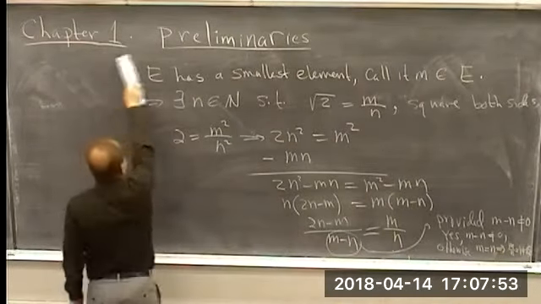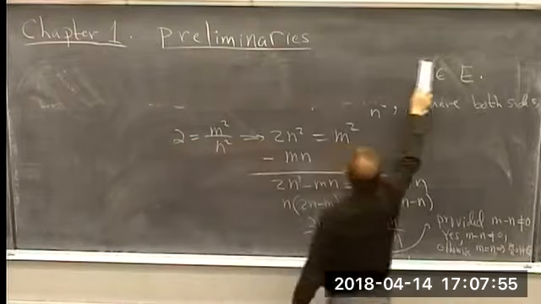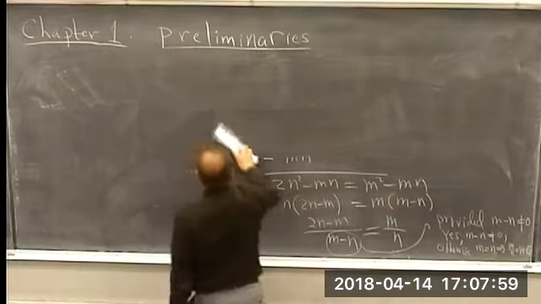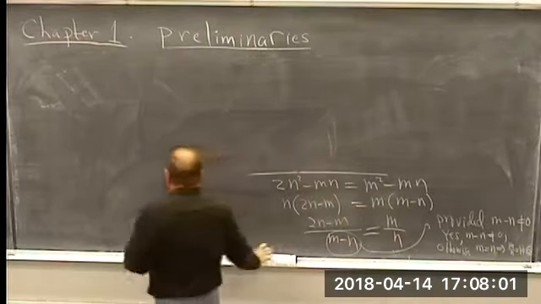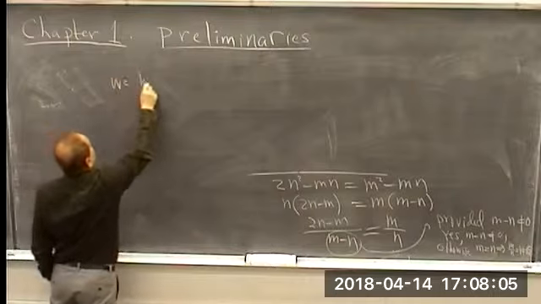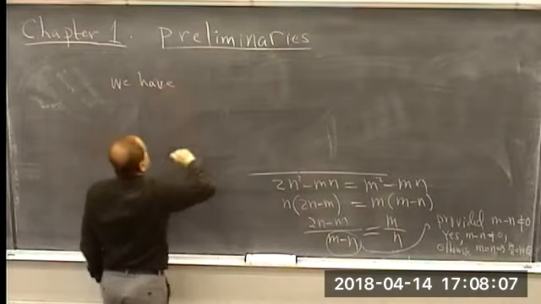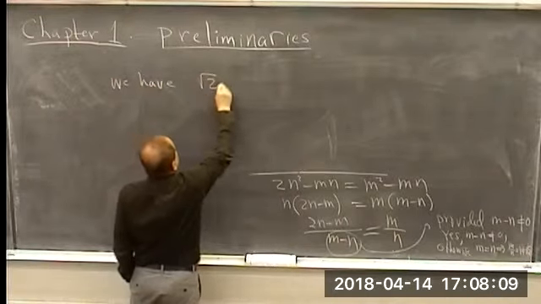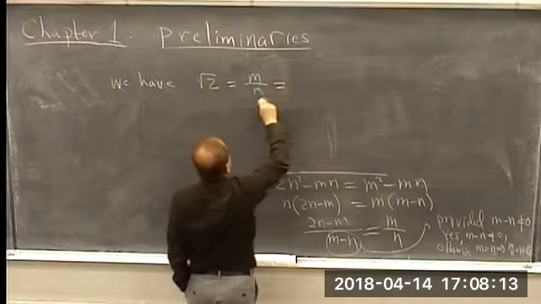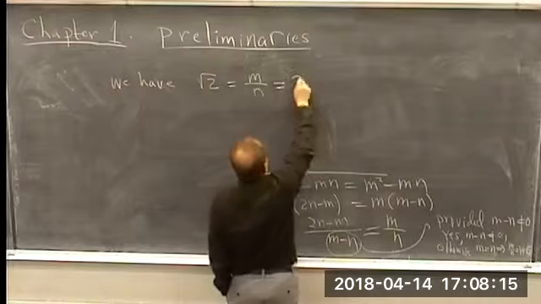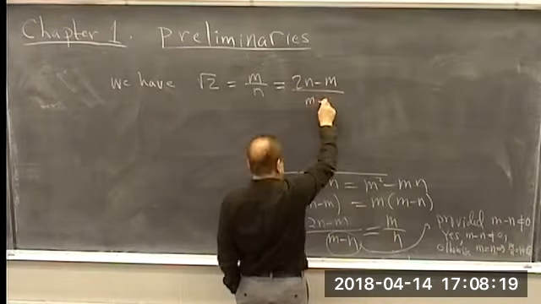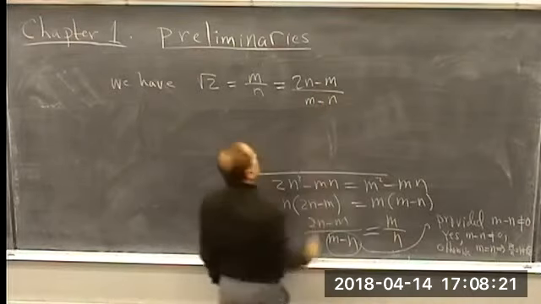So from these computations, we have square root of 2 is equal to m over n, and this is equal also to 2n minus m over m minus n. All right?